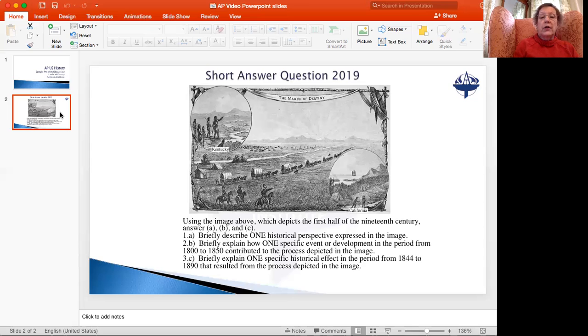However, because there is a rising sun, you might also refer to the idea of city upon a hill, which was a Puritan idea that the United States would be set up to show others how you should live, what values are important and worthwhile, and that would be a valid example as well.